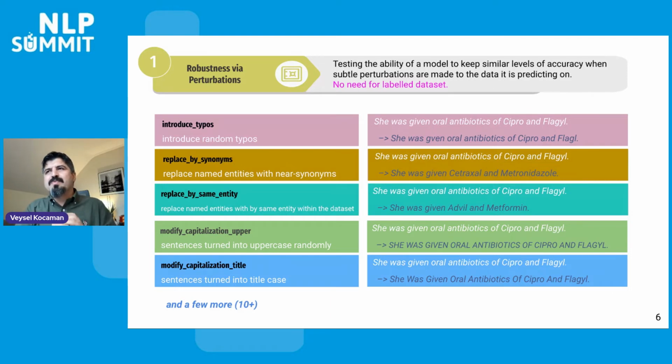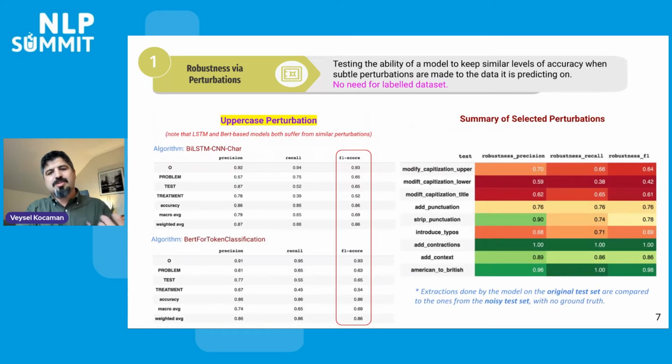For example, if you change one entity with another word from a synonym list, the model shouldn't diverge and shouldn't assign another label if that entity is a drug, let's say. And then we have replaced by same entity, modify capitalization error. So we have some simple perturbations and complex perturbations as well.